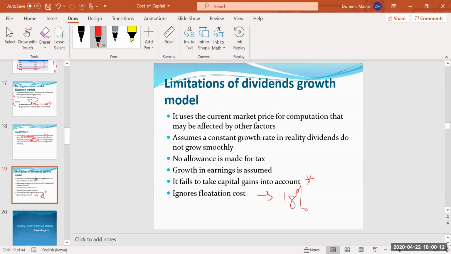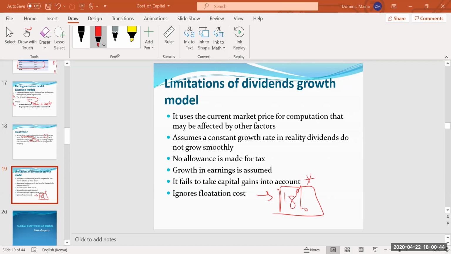So all the issue costs, the amount you pay to the auditors, the amount you pay to the lawyers to assist you in preparing the prospectus, the amount you pay to, for example, the CMA to have your shares listed and authorized. There are so many costs you incur along the way. However, all these we ignore. We only consider, from the shareholders' perspective, the 18%.